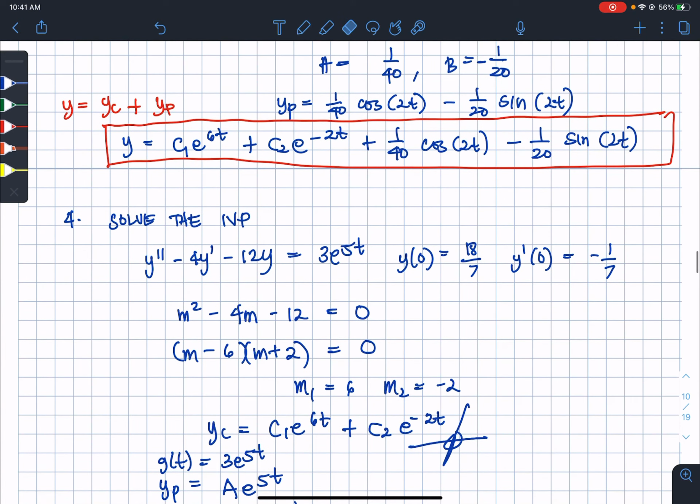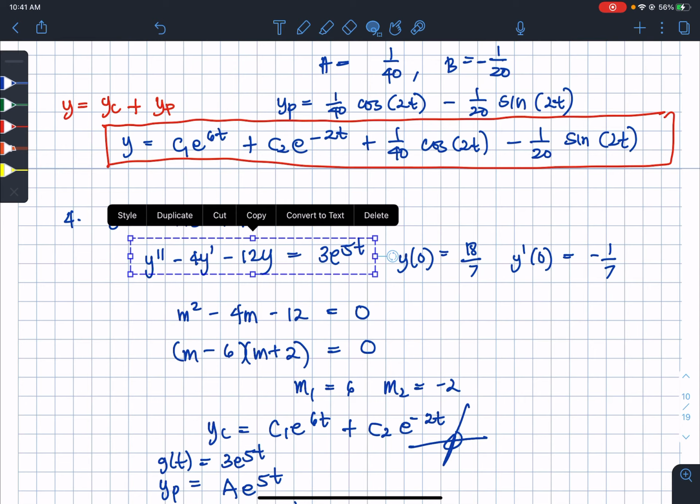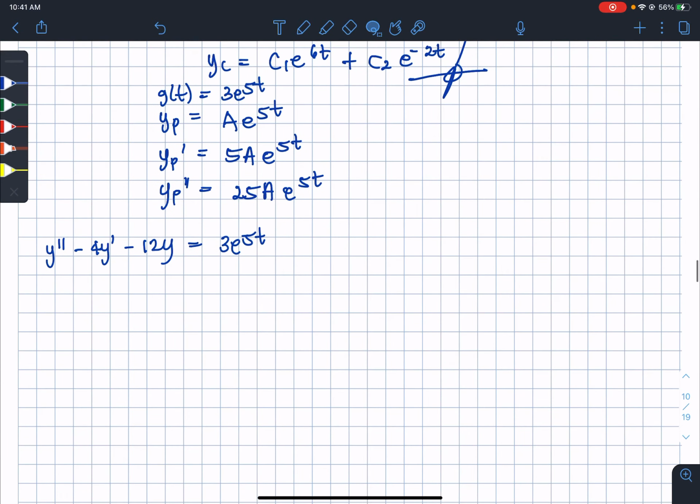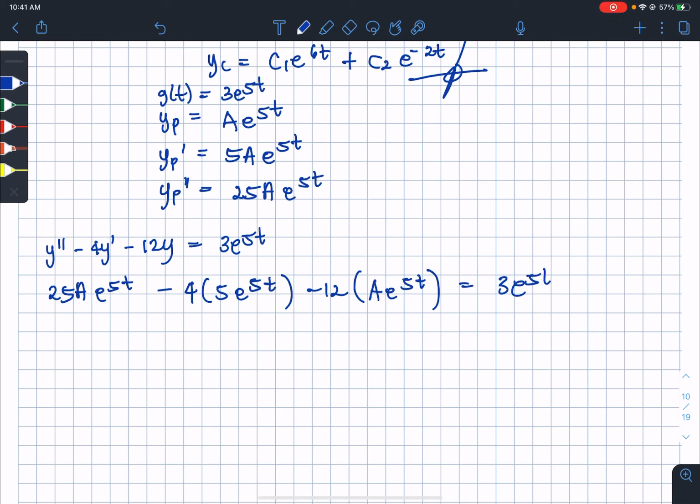So copying and substituting, that would be y double prime is 25a e raised to 5t, then minus 4 times 5 e raised to 5t, and minus 12 yp is a e raised to 5t, and that would be equal to 3 e raised to 5t.